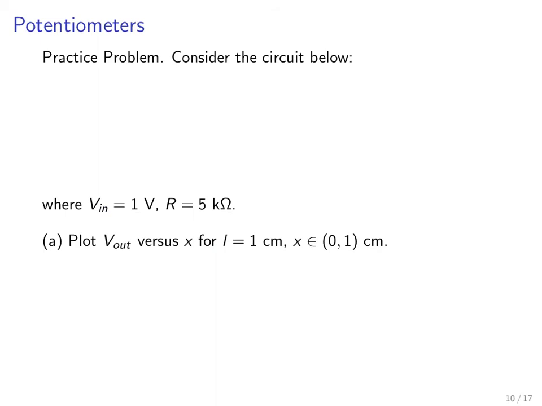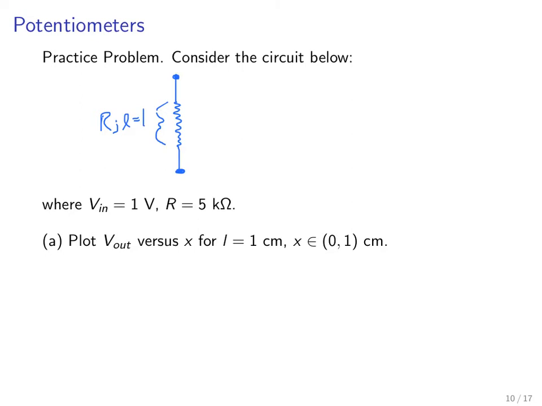Okay, so now let's do a practice problem with potentiometers. Let's think about the circuit below here. This is going to be a translational potentiometer, and let's say it has a total resistance of R and a total length of 1 centimeter.